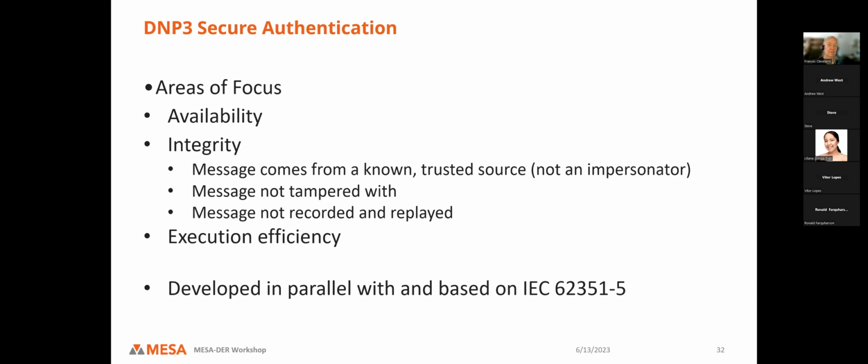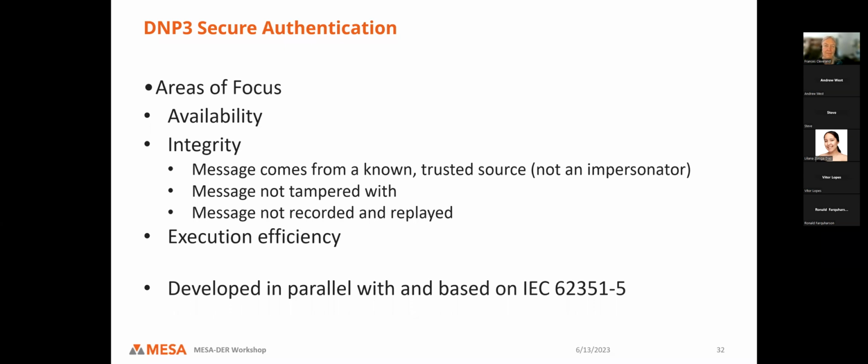So again, as Francis has already discussed, availability of the communication is critical. So we want to ensure that we have control over the system and are communicating the information. The integrity of the information is what is largely managed by the cybersecurity features. So what we're looking at here is to verify that the message is received from a trusted source and that it has not been spoofed, or an attacker has not pretended to be the source of the information and crafted some malware which is being passed on.